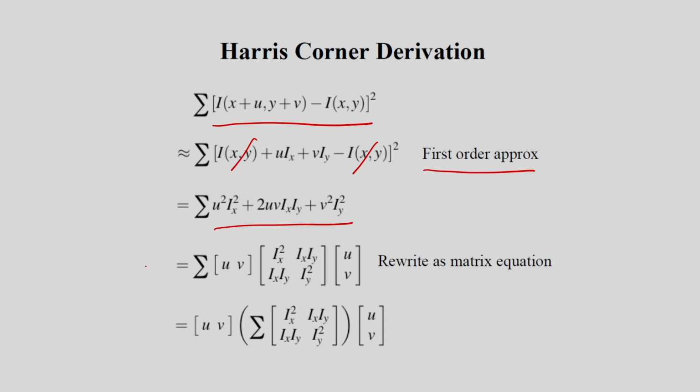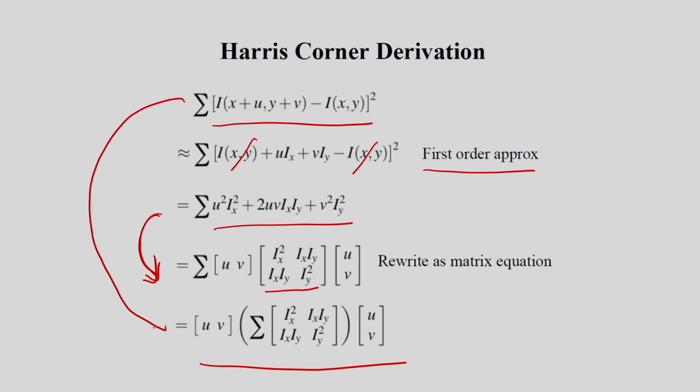And I can write the matrix equation in this form: [u v] times the matrix [I_x squared, I_x I_y; I_x I_y, I_y squared] times [u v] transposed. So this is the expression for the change in intensity.